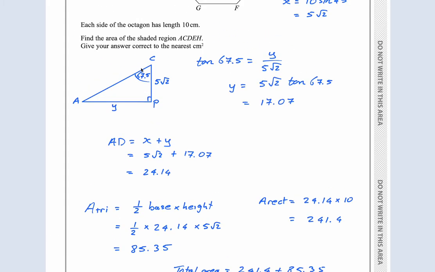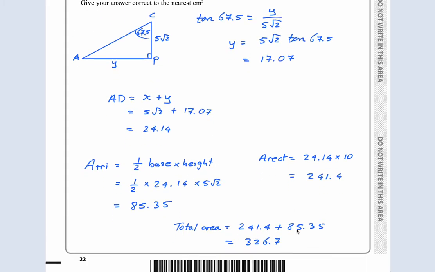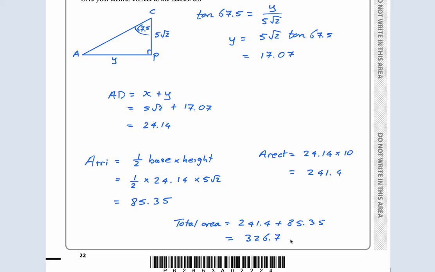But it actually says give your answer to the nearest centimeter squared, which is the nearest whole number, so it's 327.